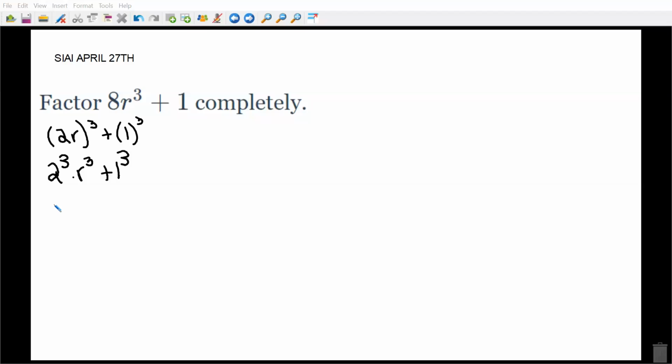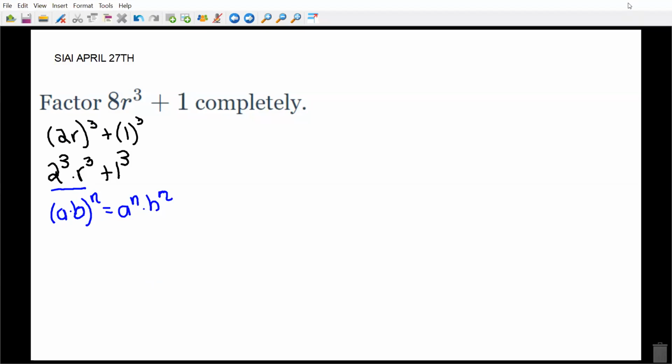And why did that happen? Because when you have a times b to the n power, you have a to the n times b to the n. That's the reason why this that was in parentheses was turned into 2 to the third times r to the third.